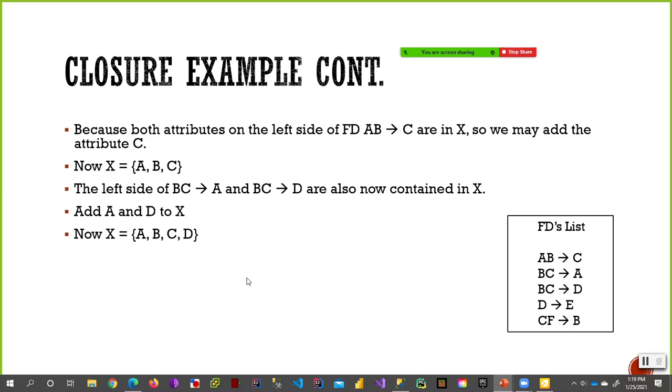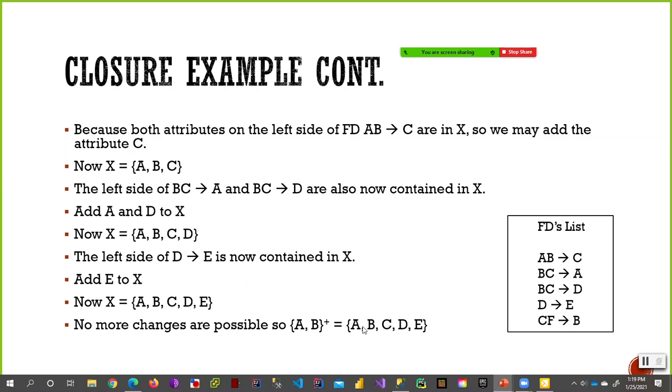So we went through the process, computed the closure, and we decided that the closure of AB is A, B, C, D, E. What that actually means is all of the functional dependencies that follow from the one set AB are all of these. Remember, we talked about the combining and splitting rule.